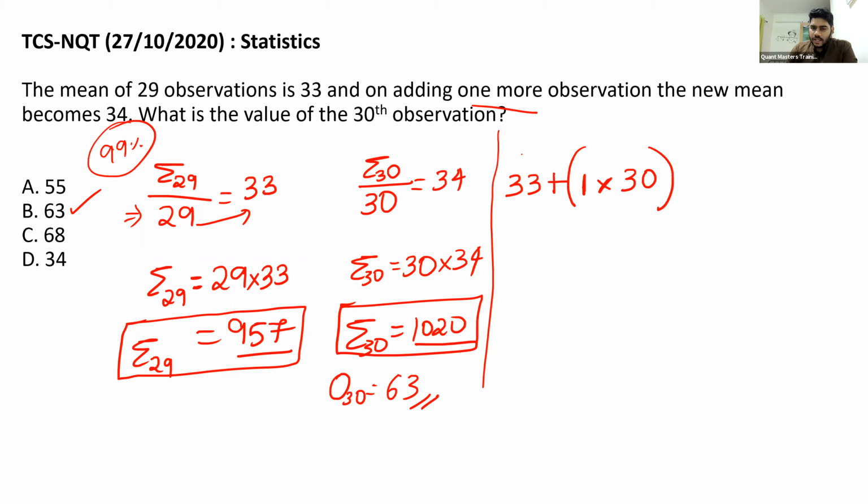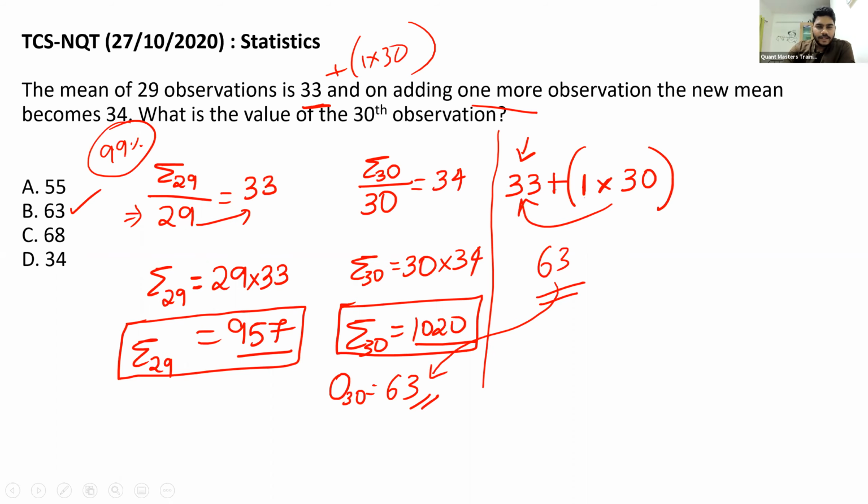I repeat, the initial average was 33 and now the average is increasing by 1 on 30 observations. So what is 30 plus 33? It is nothing but 63. Am I getting the same answer in the easiest, fastest and the best way without even touching the pen? How we do it? 33 plus 1 into 30. That's all is the answer.